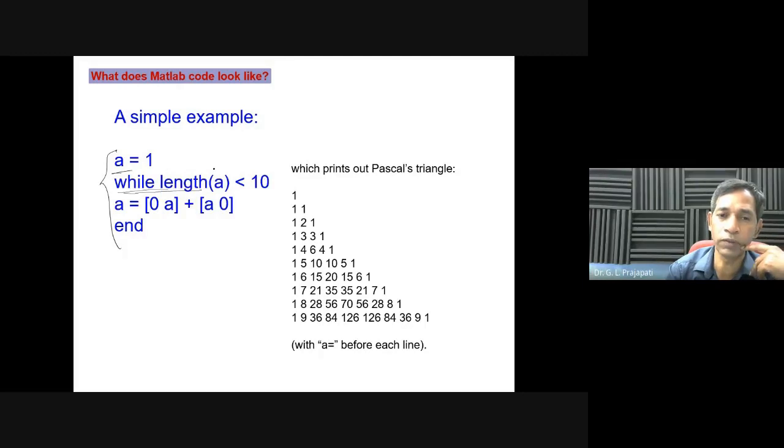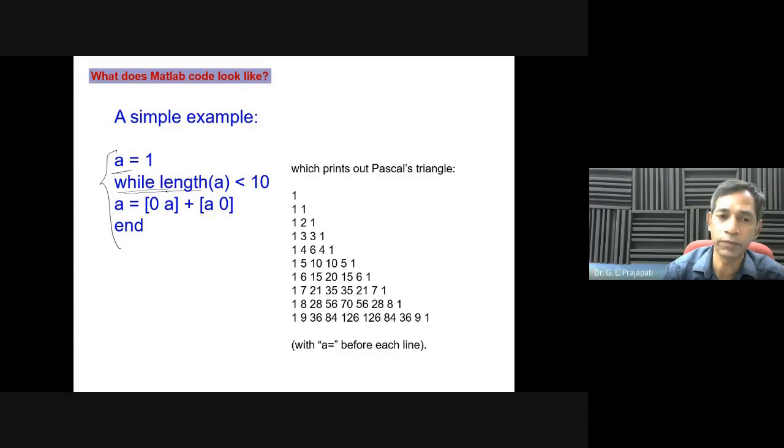So if you have only one row and 5 columns, then length will be 5. Here actually you have only one row and many columns, so the number of columns is the length, because the columns are more. So once you say length of A, length of A will return that.